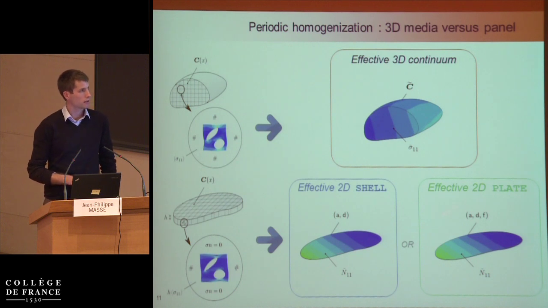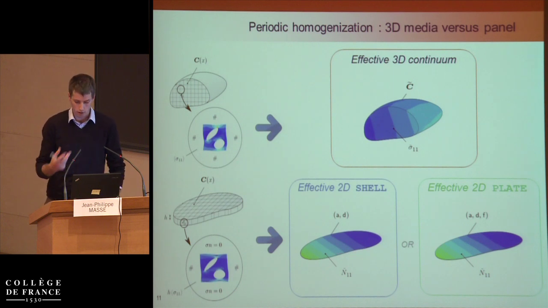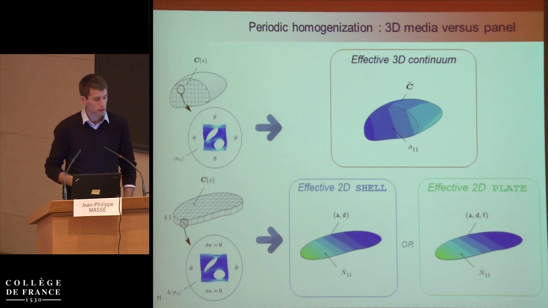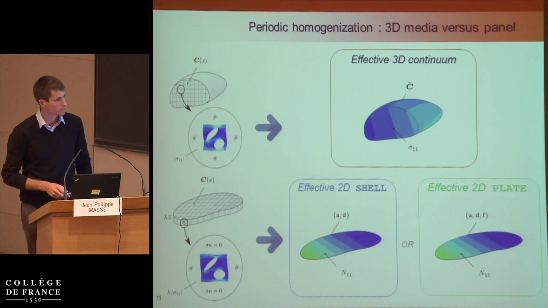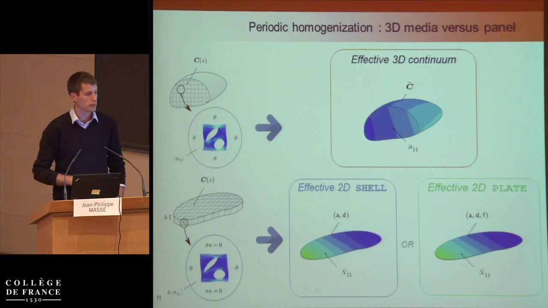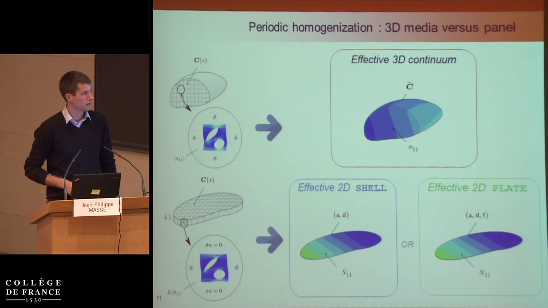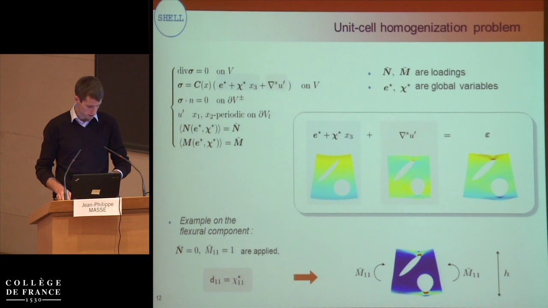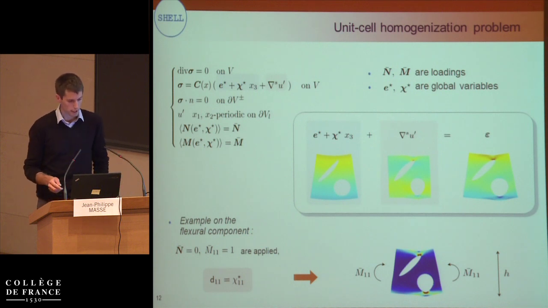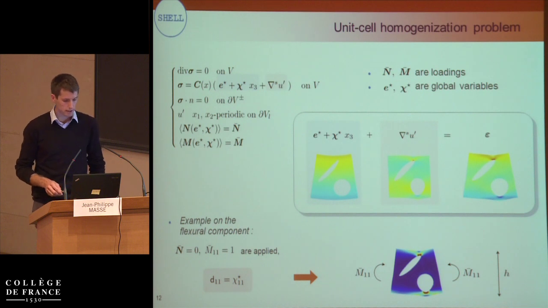The difference is that in the plate model we take into account the transverse shear, which could be neglected in some cases for thin plates. So that's the shell and plate. So I'm going to first show an example for shell, and then we'll talk about plate.